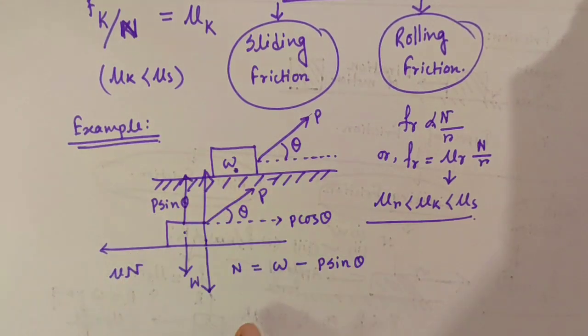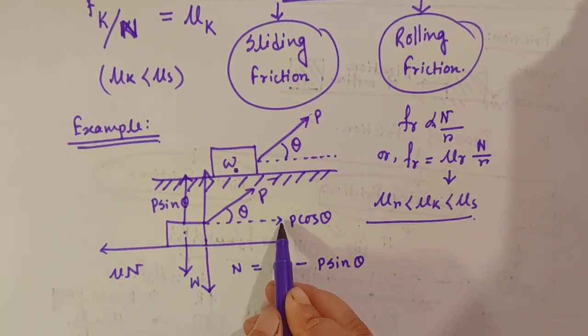So normal reaction N is equal to W minus P sine theta. Normal reaction is not always equal to weight. You have to remember that.